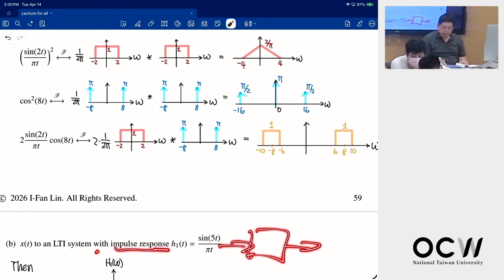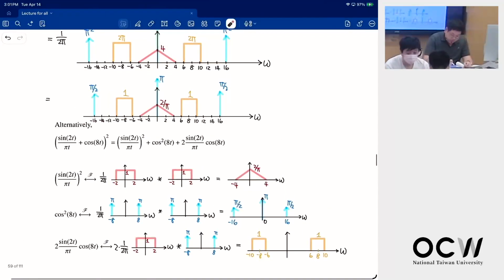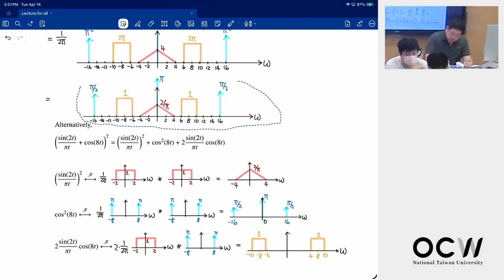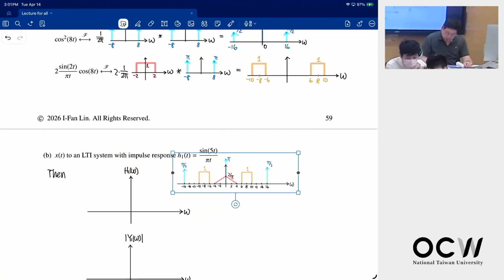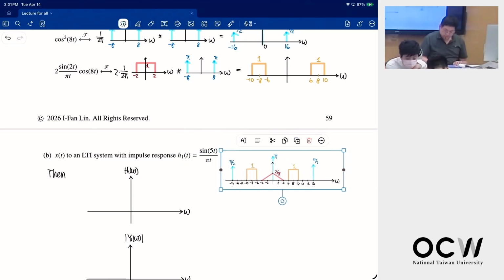What is this impulse response? A sinc function. Okay, first let's have our result here. This is our signal, so let's copy this. Right, this is our signal X.